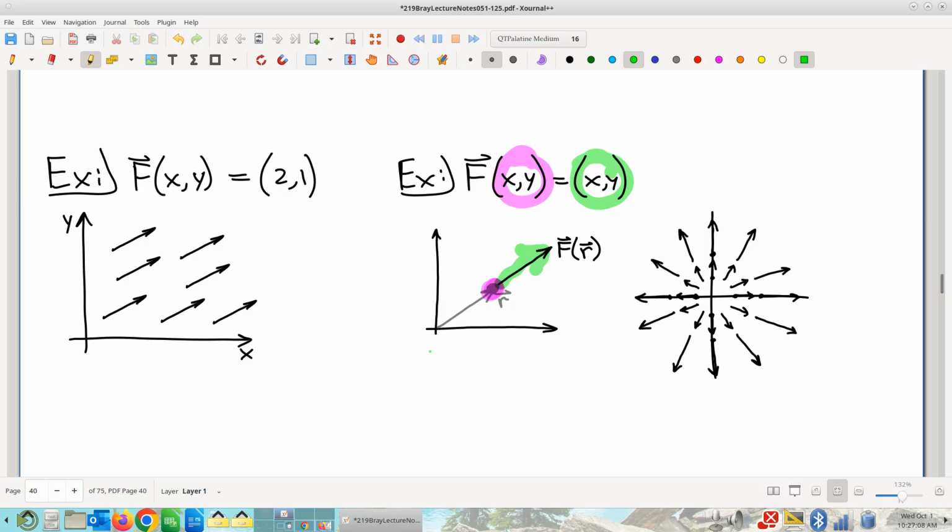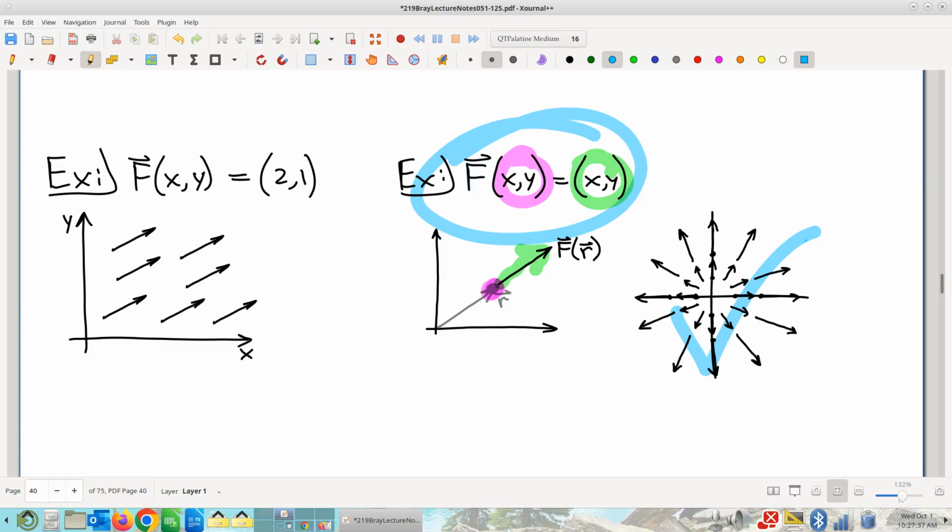And notice, it's always radially outward, and always with a magnitude that is the distance to the origin. If you draw that at every point in the domain, following that rule, always radially outward, always with a magnitude equal to the distance to the origin, you get this picture right here.